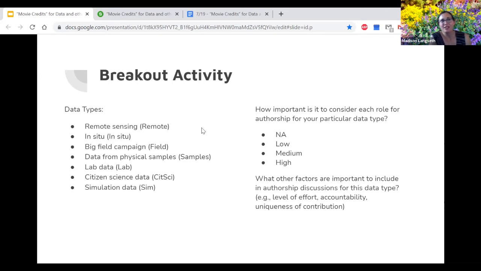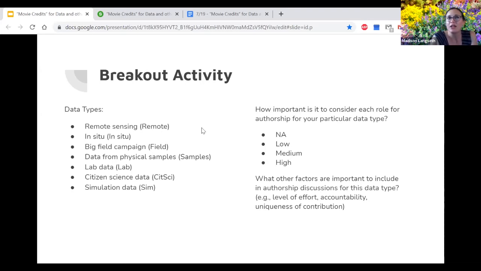For the rest of this session, we want to get into groups around these data types to answer a couple of questions. So we want you all to start thinking about a data type that you're familiar with, and we'll ask you to join that breakout group in just a few minutes.